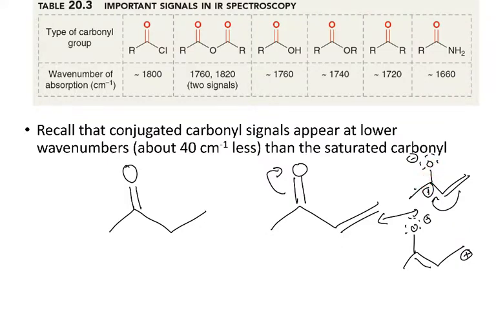That's going to shift it to a lower frequency. We would expect this ketone to show up around 1720 wave numbers, whereas this ketone we'd expect to show up somewhere around 1680 wave numbers.